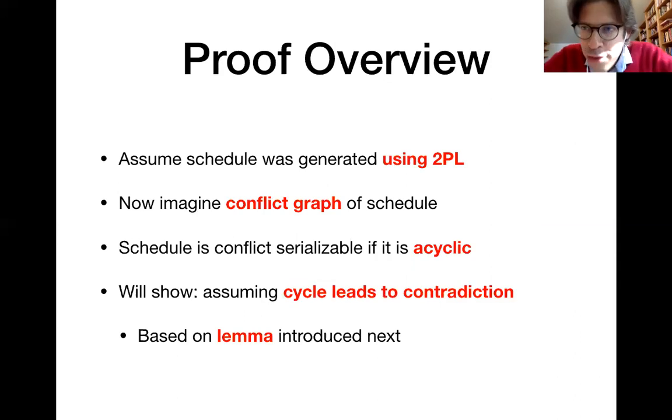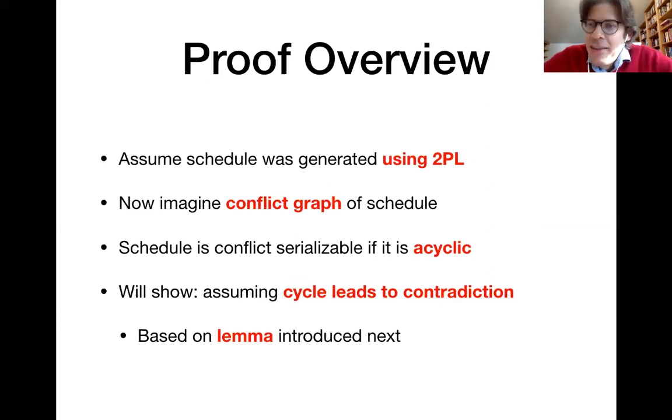So this is an overview of the proof that we will do in the following. We will essentially analyze schedules that were generated using a two-phase locking concurrency control protocol. And now we ask, could it be that one of those generated schedules has a cycle in the conflict graph?